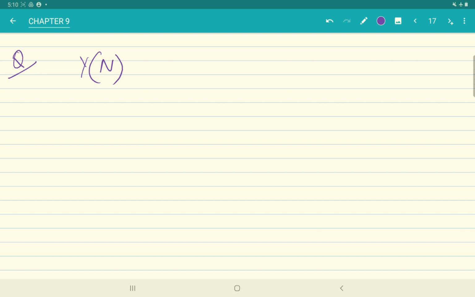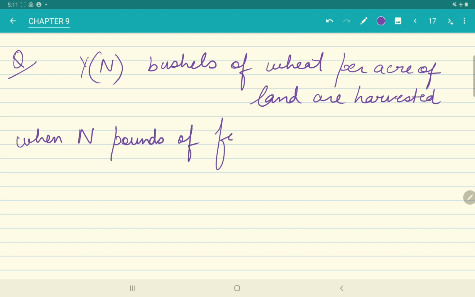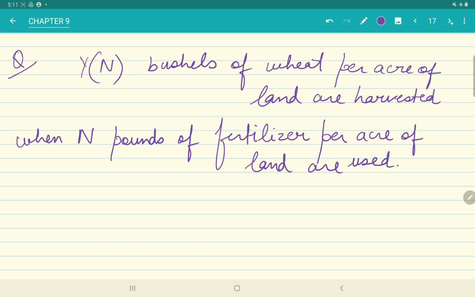So the point to note is, this is these many bushels of wheat per acre of land are harvested when n pounds of fertilizer per acre of land are used.